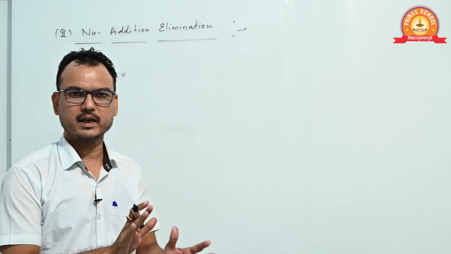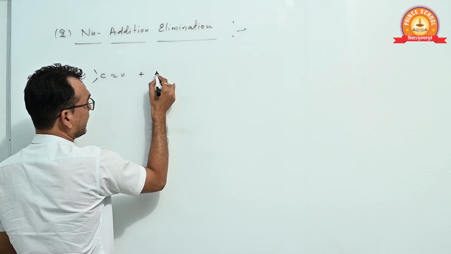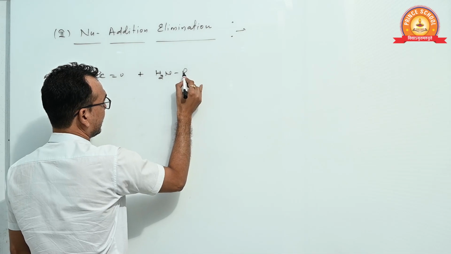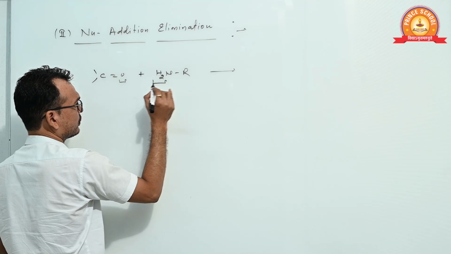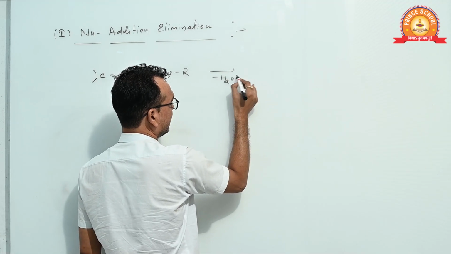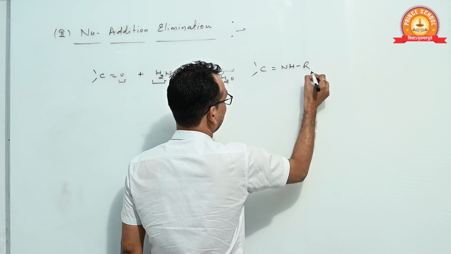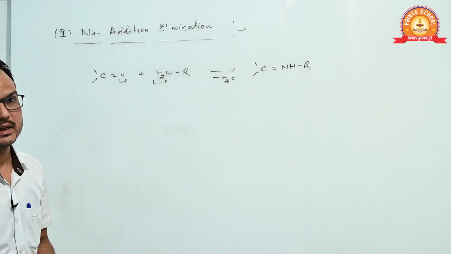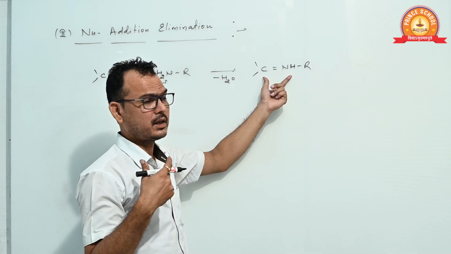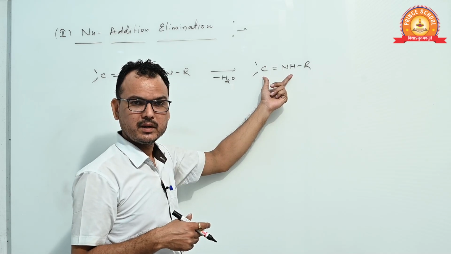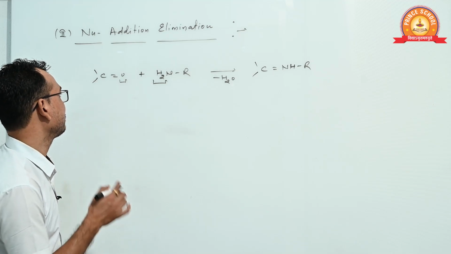We know that both aldehyde and ketone react with the derivative of ammonia, and it is NH2R. Then it gives, with this oxygen and this H2, minus H2O, and forms C double bond NR. It is also known as the imine, which is called the Schiff base.